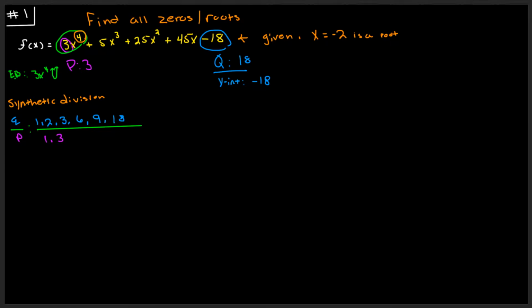Okay. Now you take these numbers and combine each possible numerator with each possible denominator.